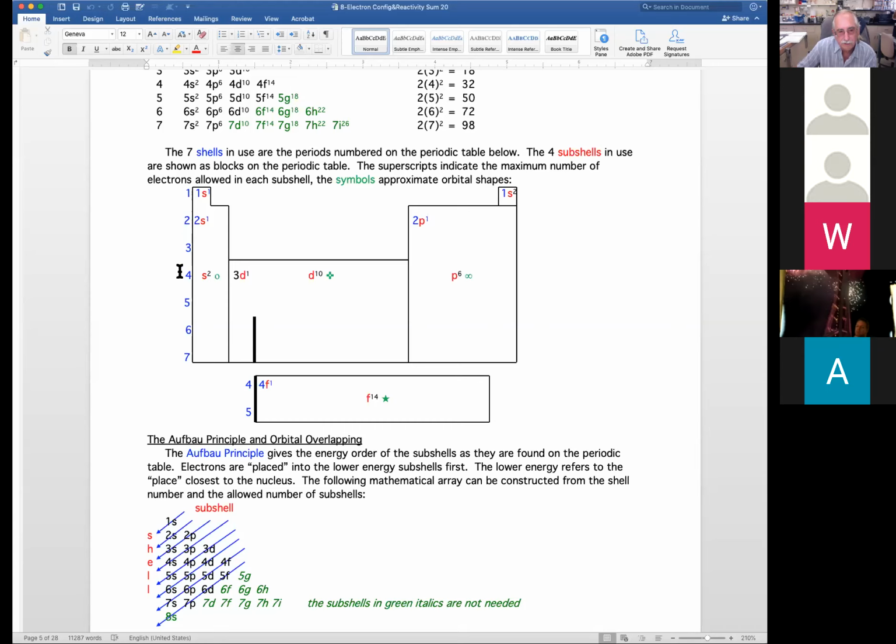Here's your 7 shells. Here's the 4 subshells. The S's here, the P's over here, the D's over here, and the F's over here. And notice that we took this out from right here. And this is actually shell number 4 and shell number 5.